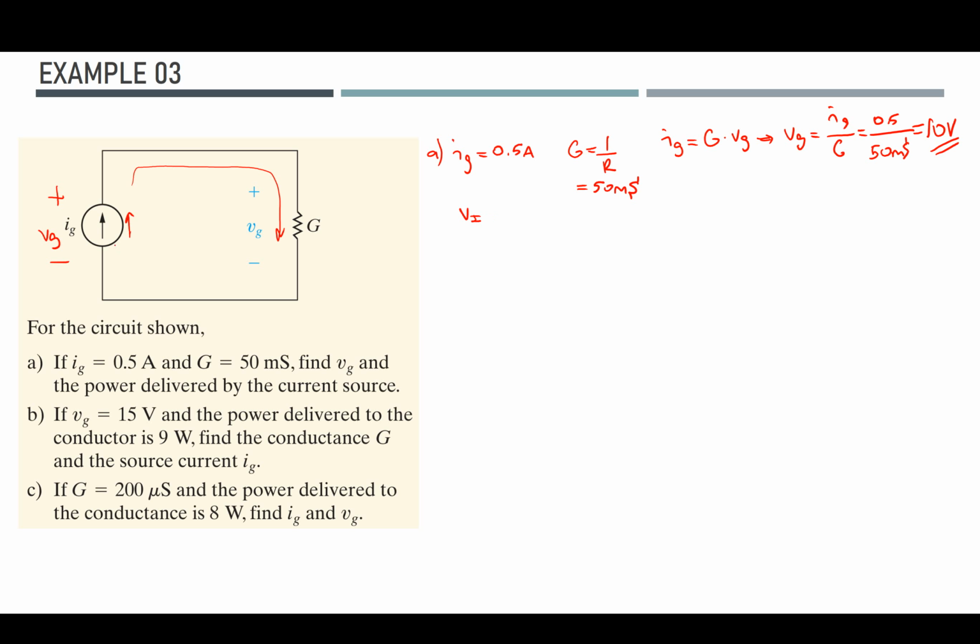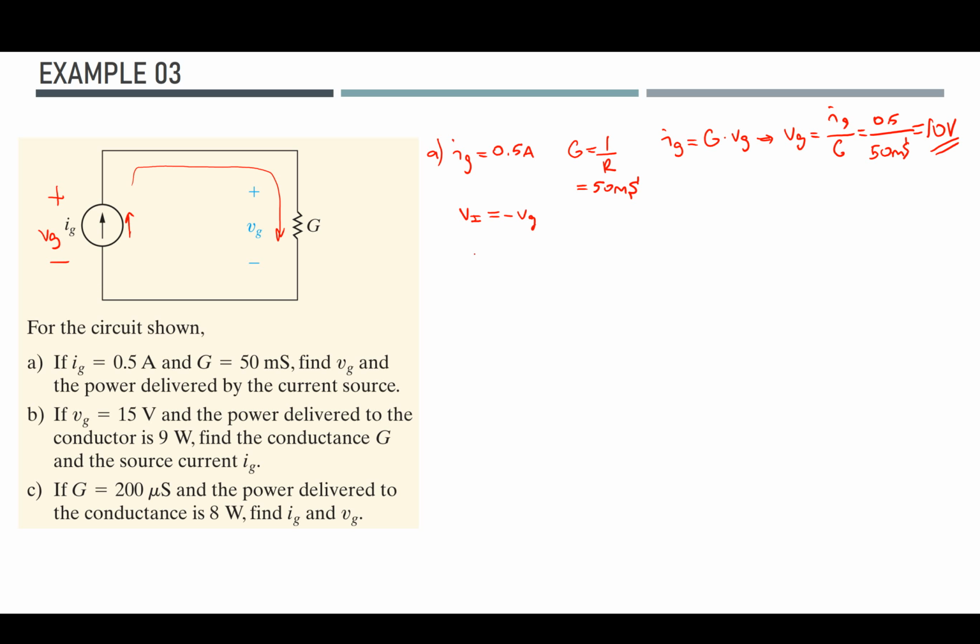If you take a look at the reference direction of the current source, it's upwards, which dictates that the lower terminal should be more positive than the upper terminal. But since Vg is given like this and we have found a positive value, our assumption for the reference direction is correct, which gives us 10 volts across this. Then Vi should be equal to minus Vg.